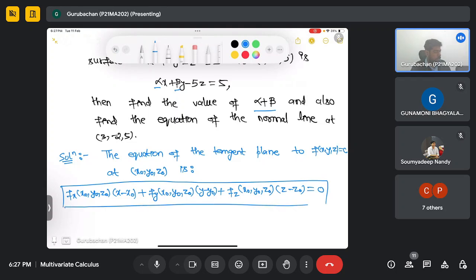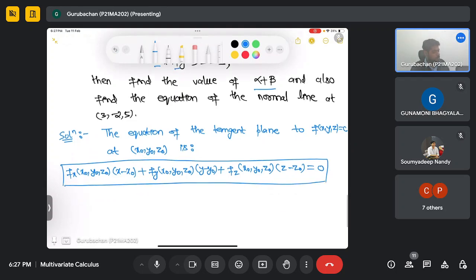So this is the equation of the tangent plane. First of all, let us concentrate on this equation of the tangent plane. Then we will discuss the equation of the normal line.